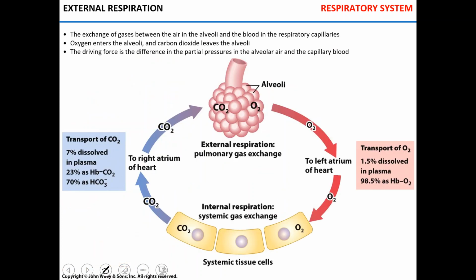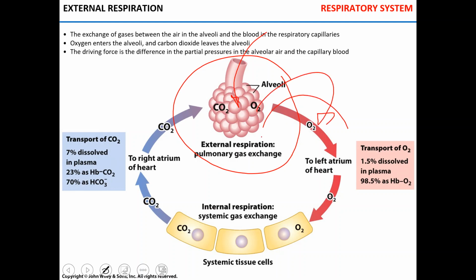So this again exemplifies what we just talked about. Okay, so oxygen here enters the alveoli from the inhaled air, and then oxygen enters the blood. You see, blood is oxygenated.